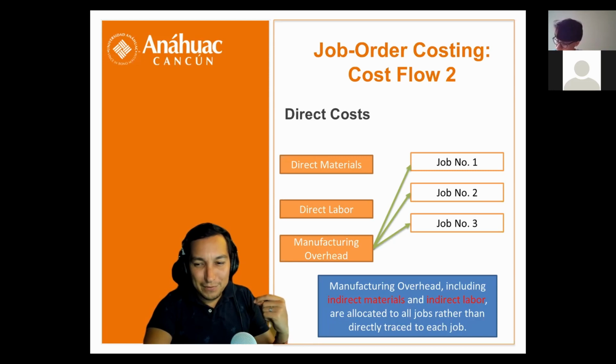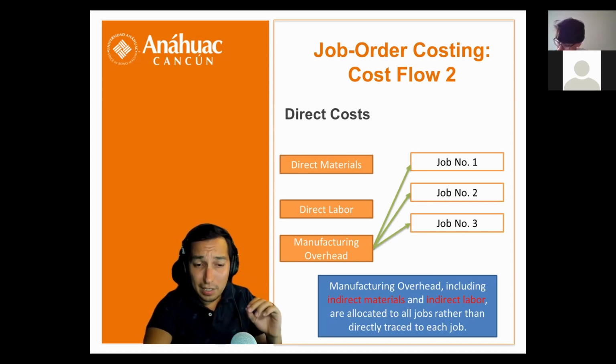Do you remember what type of stuff goes into MO? It could be everything that was not direct labor, right, or indirect. Exactly. Very good. It could be rent, utilities, insurance, depreciation, property taxes, all related to our manufacturing facility, and a lot of other things. Those are just examples.